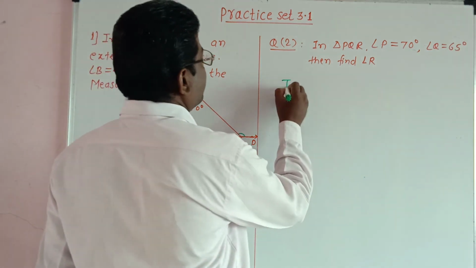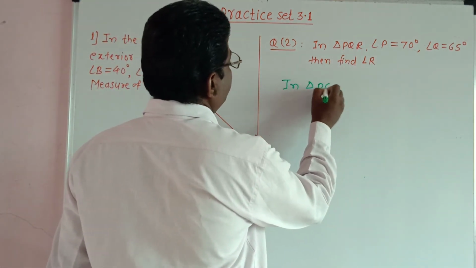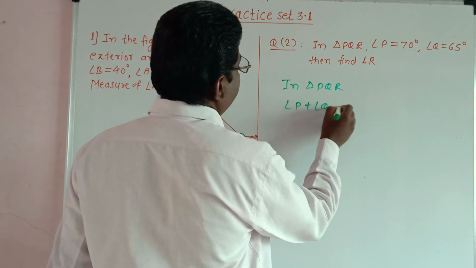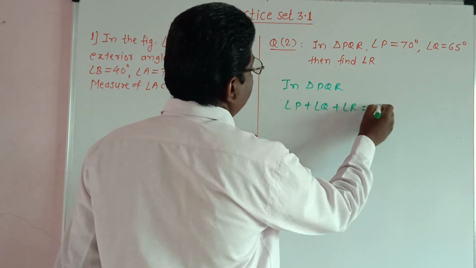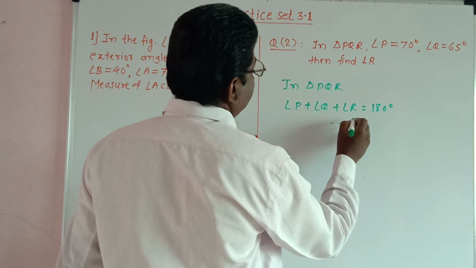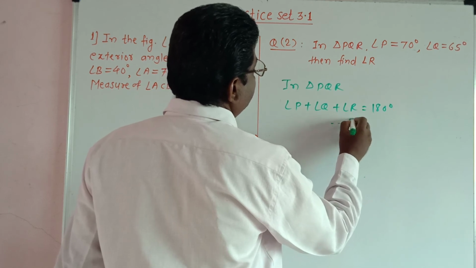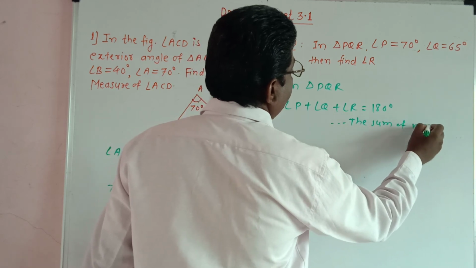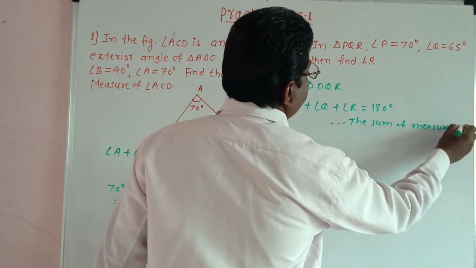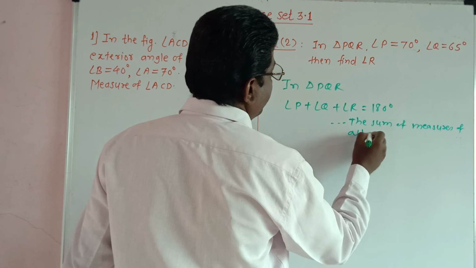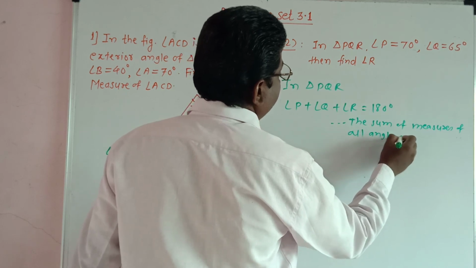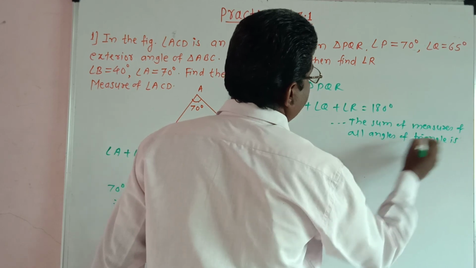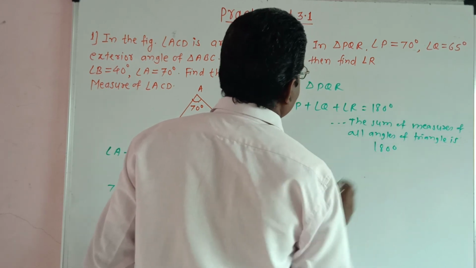Therefore, we can write in triangle PQR, angle P plus angle Q plus angle R is equal to 180 degrees. Reason: the sum of measures of all angles of a triangle is 180 degrees.